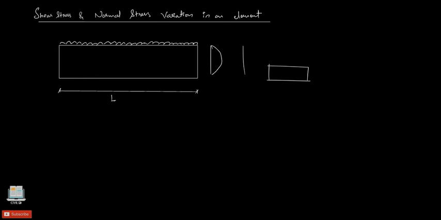When it comes to the normal stress variation with respect to the proportionality limit, where the stress is directly proportional to the strain, we have the stress behavior like this, and the shear stress behavior like this. How did they come to this conclusion that stress varies in this way?